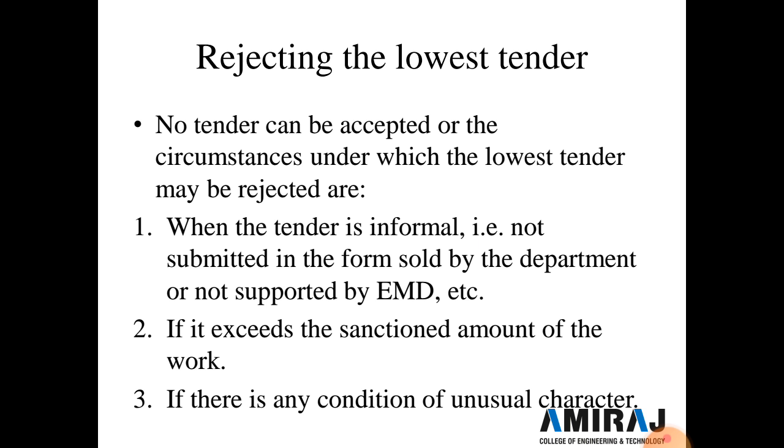In the next topic we discuss the rejection of the lowest tender. In some circumstances the lowest tender can also be rejected. A list of some of these circumstances is given. First, when the tender is informal and not submitted in the form sold by the department, or not supported by EMD. Second, if it exceeds the sanctioned amount of the work. Third, if there is any condition of unusual character.